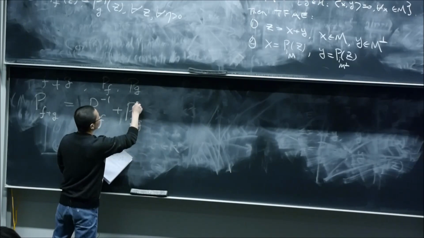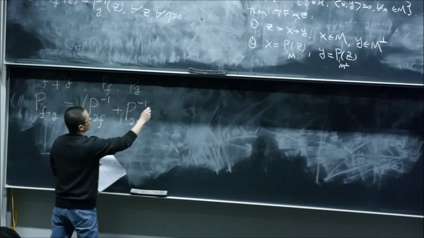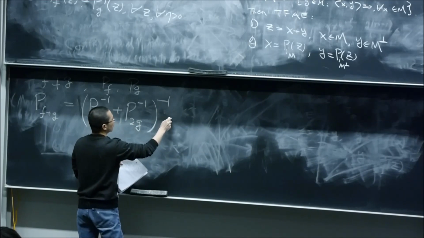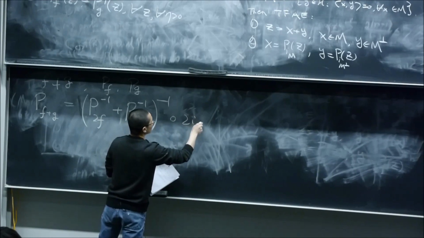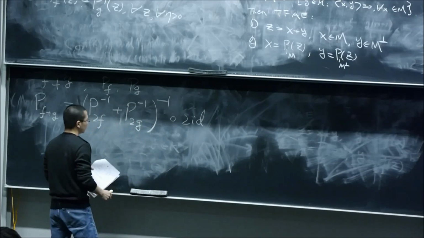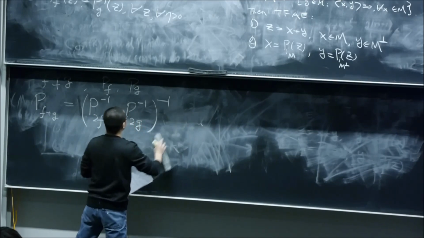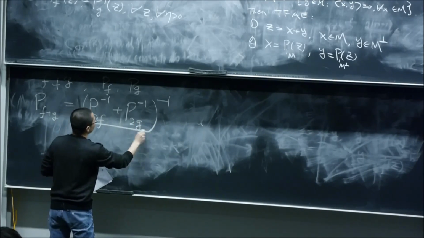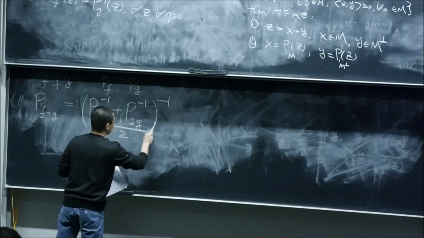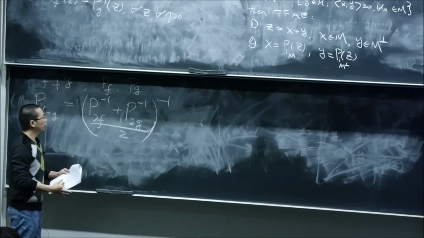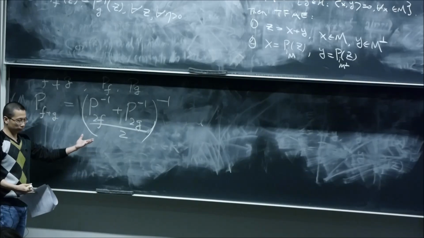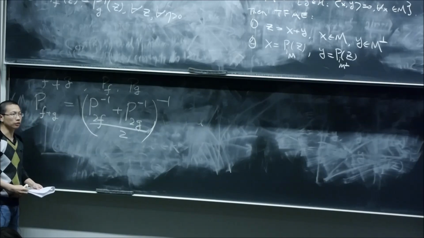P of G inverse. And take the inverse again, and then you compose with the identity map. Or maybe let's write it in an easier way. Divide by 2.